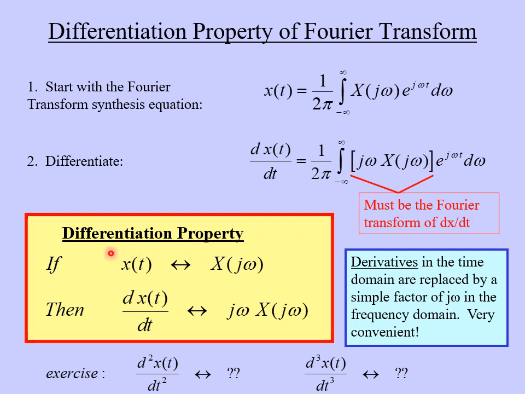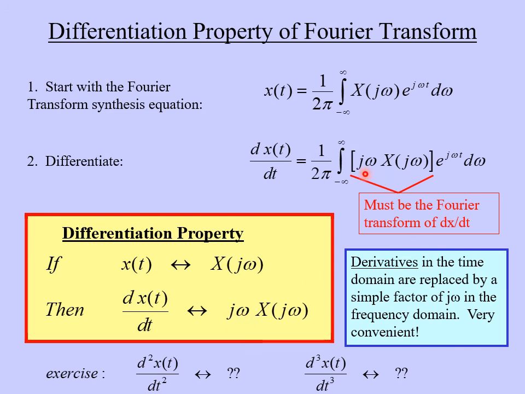Here's the important thing. The differentiation property says the following. If we have some signal, little x of t, that has a Fourier transform, big X of j omega, then the time derivative of x of t has the same Fourier transform, but we've picked up a factor of j omega.